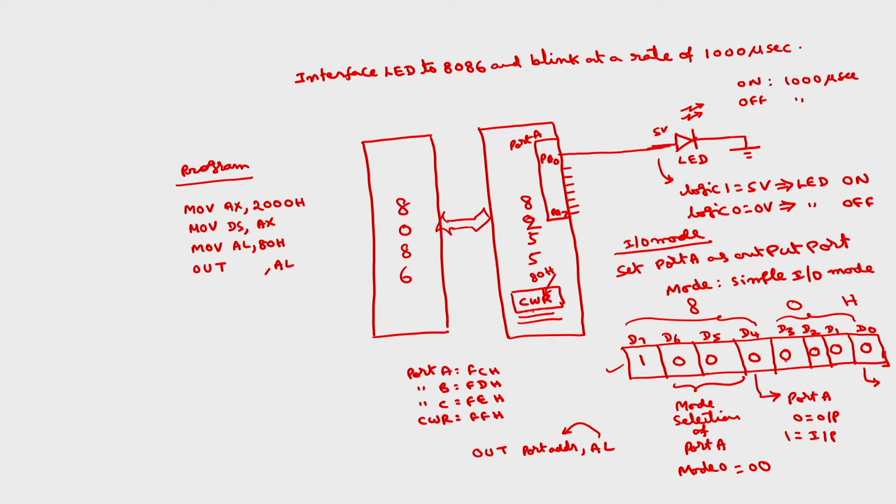What is the port address of the control register? I have assumed that the control register is FF, so this should be FFH. With these 2 instructions, the 8255 sets all the ports as output ports in mode 0.